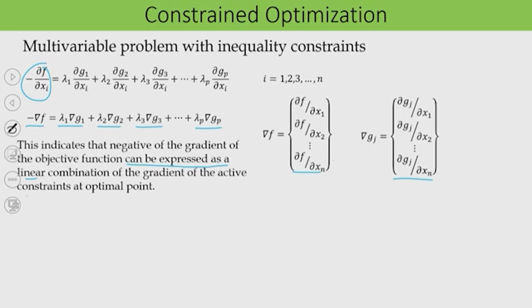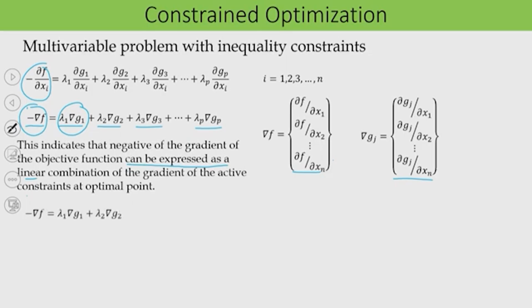So, the negative of the gradient of the objective function is nothing but a linear combination of the gradients of the constraint functions. Okay.